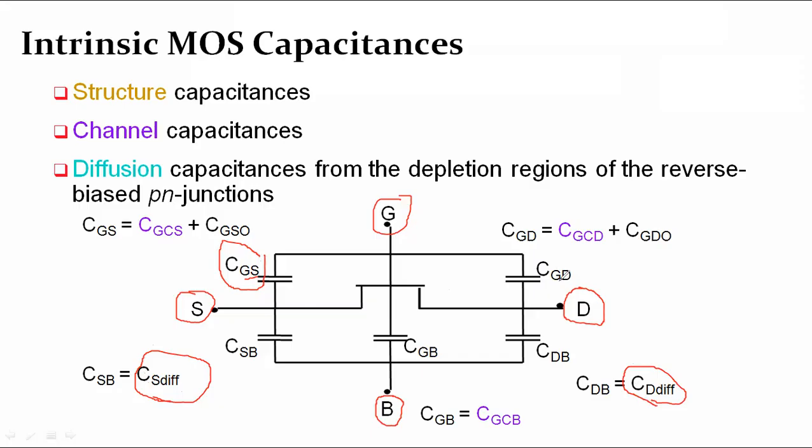These are the capacitances across the different layers. They are called the structure capacitance, channel capacitance, and diffusion capacitance from the depletion region of the reverse bias PN junction. Okay, this is about the capacitance.